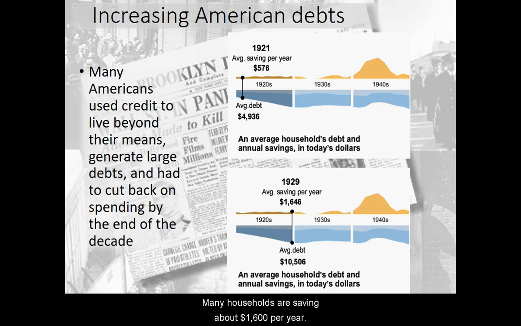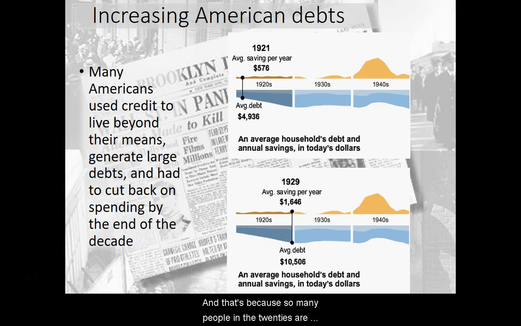Many households are saving about $1,600 per year. But compared to the $10,500 in debt that each American household is incurring on average, the savings to debt ratio has grown significantly.